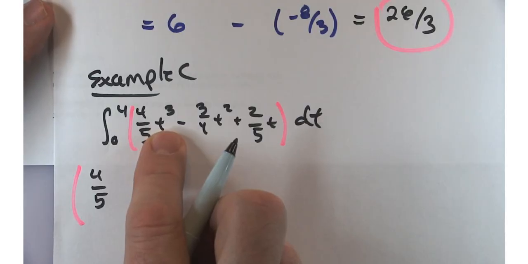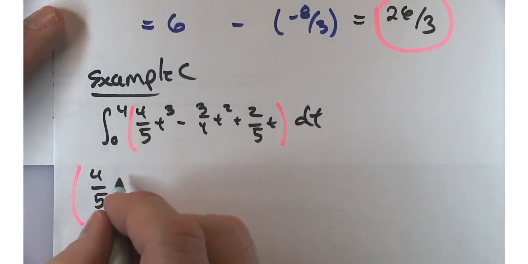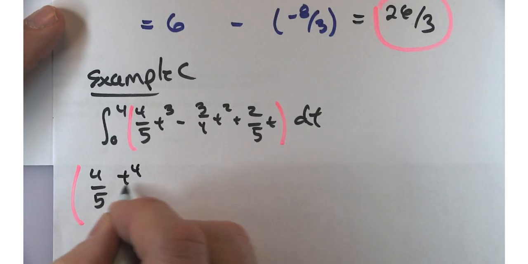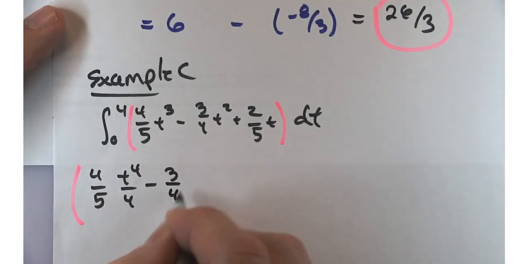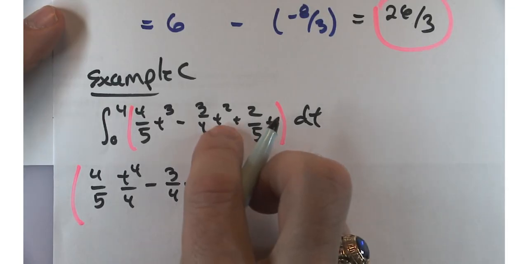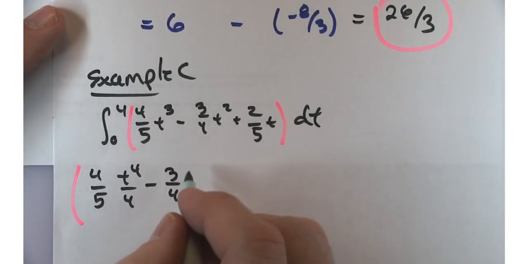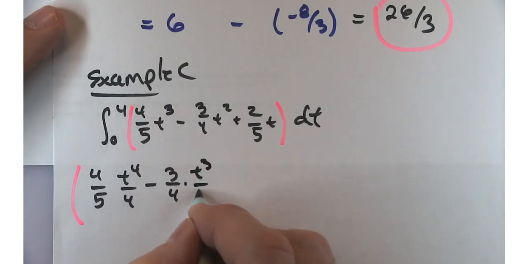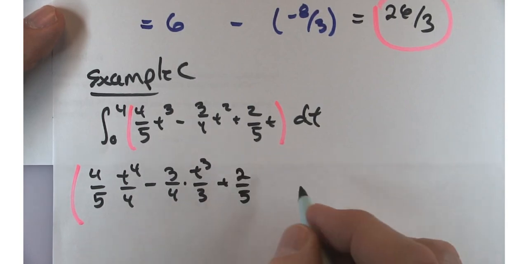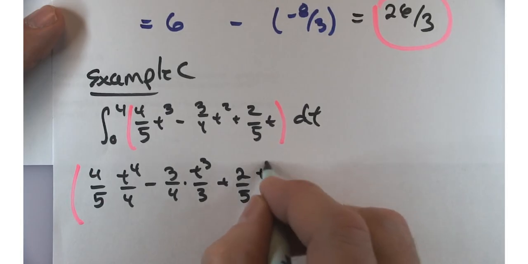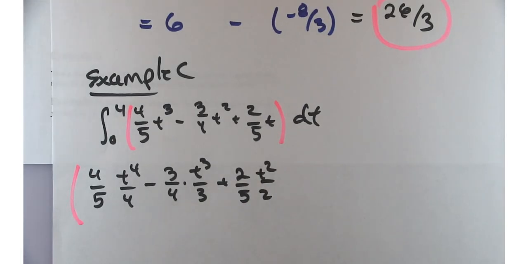What's the antiderivative of t cubed going to be? T to the 4th over 4 minus 3/4, and the antiderivative of t squared is going to be t cubed over 3, plus 2t squared over 2. Let's close that off.